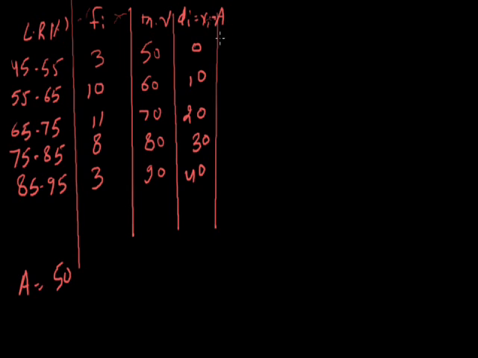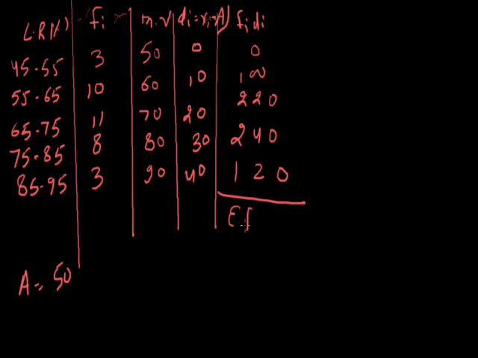Now find the fi di. This is 0, 100, 220, 240, now this is 120. Now the addition of this, summation fi di, is 680. Now the sum of the frequency, summation fi, is 35.